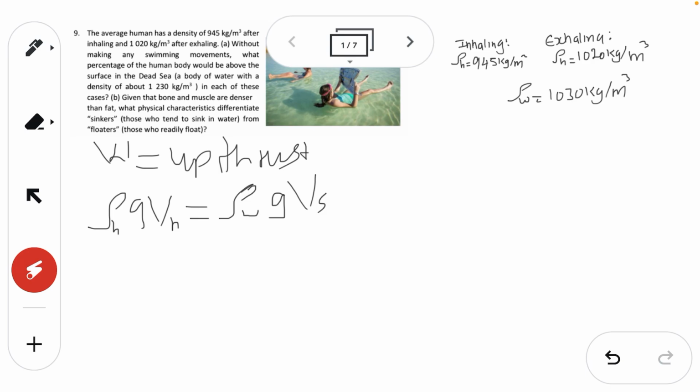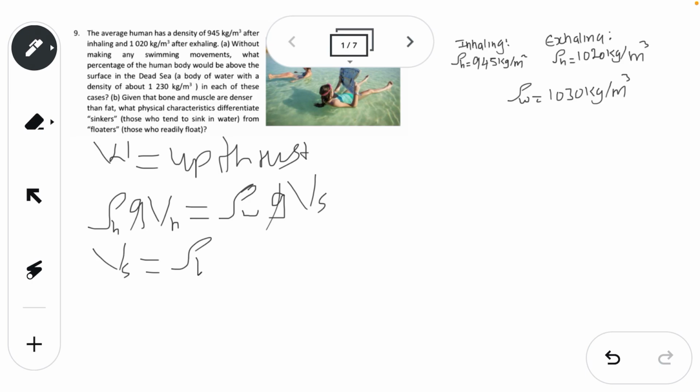Notice that g is on both sides, so it cancels out, and the expression for Vs, the submerged volume, is the density of the human times the volume of the human over the density of the water.